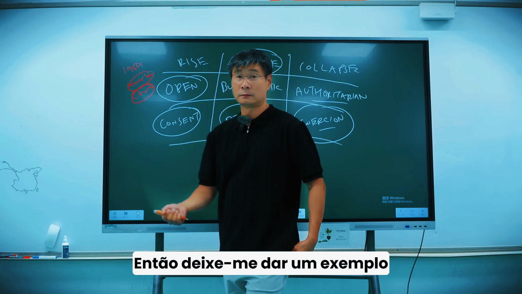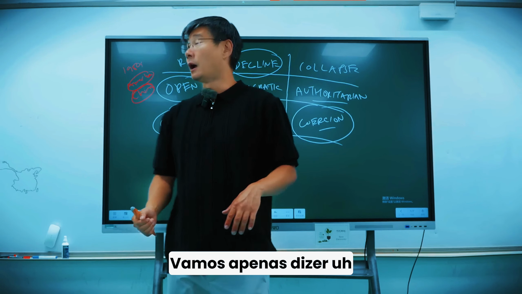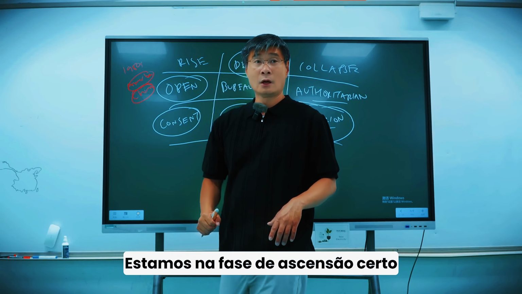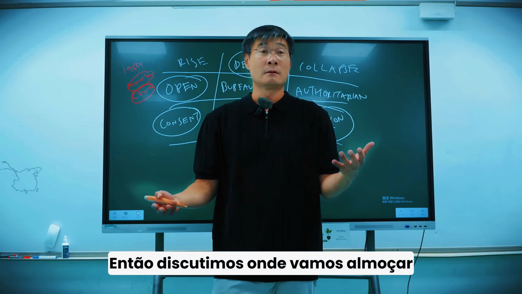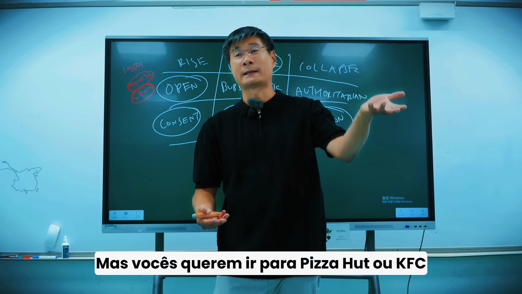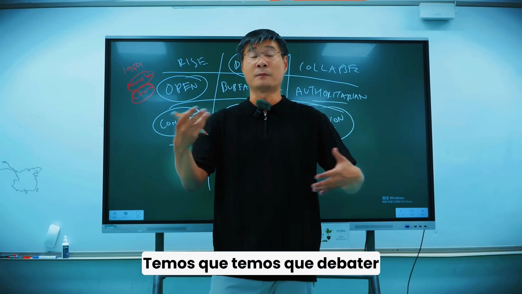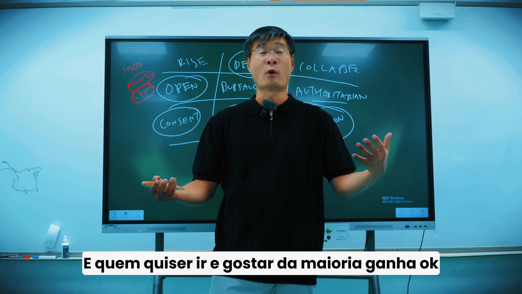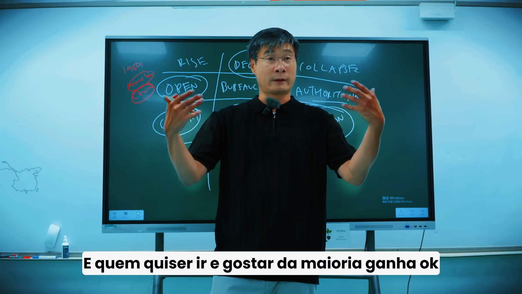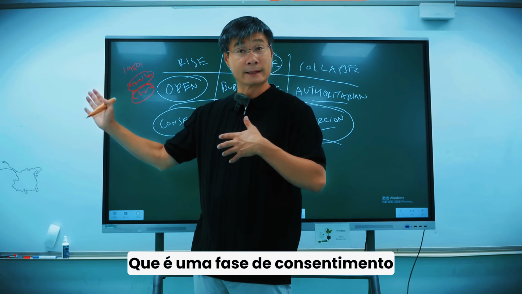So let me give you an example. Let's just say we are in the rise phase, right? Well, we want to go to lunch. So we discuss where we go to lunch. I want to go to McDonald's, but you guys want to go to Pizza Hut or KFC. We have debate, and then eventually we vote, and whoever wants to go, like the majority wins, okay? That's the consent phase.